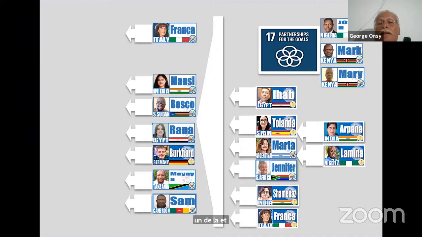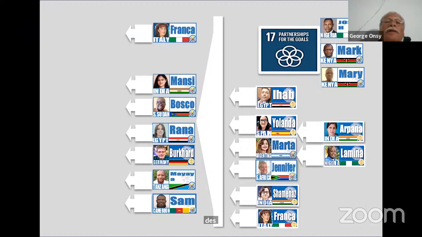And then the disability challengers for the goal of reducing inequality, and for the goal of gender equality there is Dr. Shaminaz, who is professor and publisher for the gender issues, and of course, Dr. Franca. For the environment and all the others, you see on the left column.